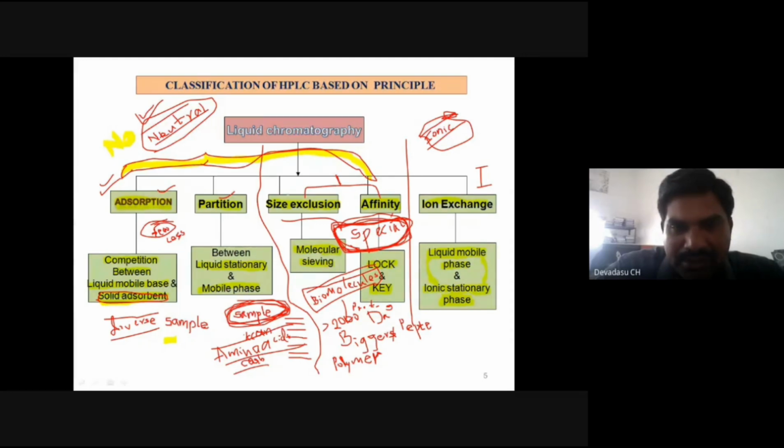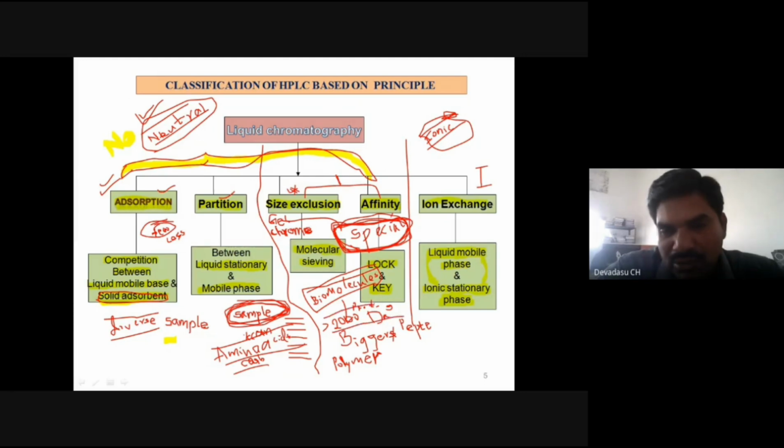The other name of this technique is gel chromatography. You might have heard this word, gel chromatography. The term itself indicates some gel-like materials. Here, gel does not mean an aerosol preparation. Here gel indicates a polymeric bed. So gel chromatography separates molecules which have large molecular size.